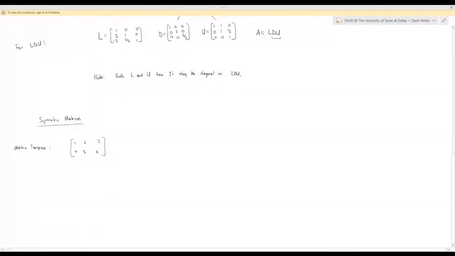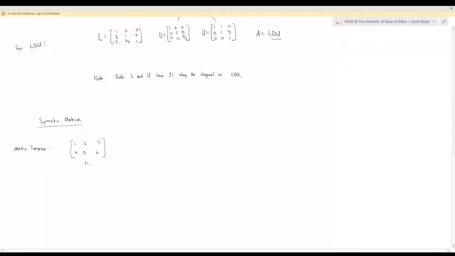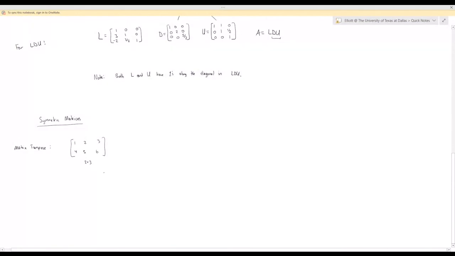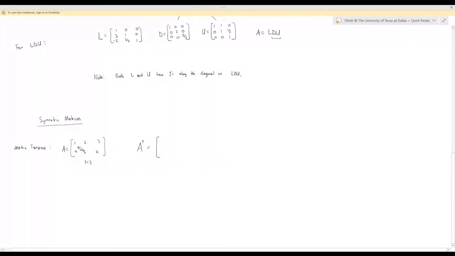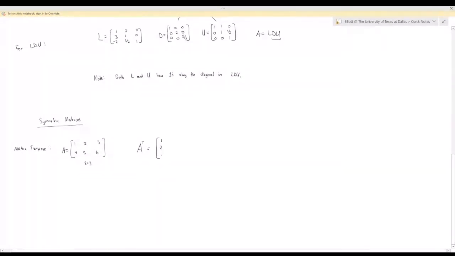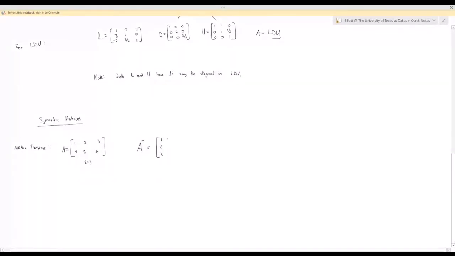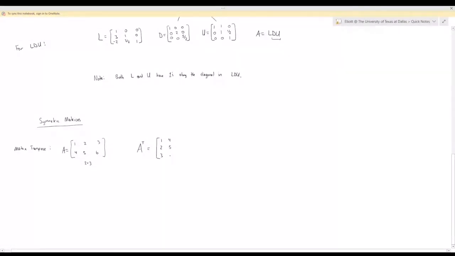Okay, so here I have this nice 2x3 matrix. Let's call it A for the moment. So the transpose of A, which we denote as A to a power T, so A transpose. Basically, you take the rows of A and you write them as columns for A transpose.